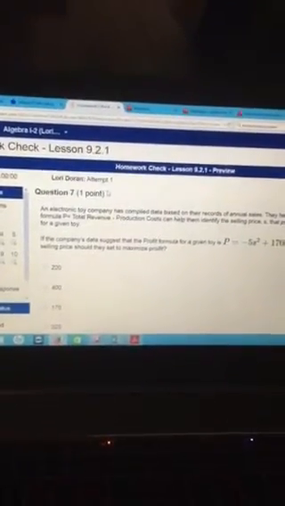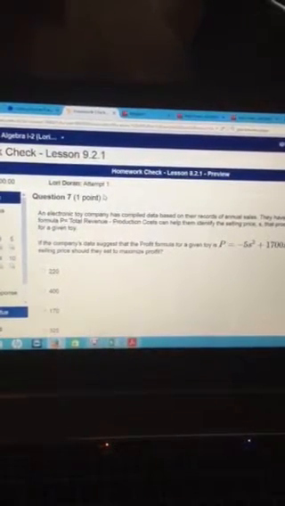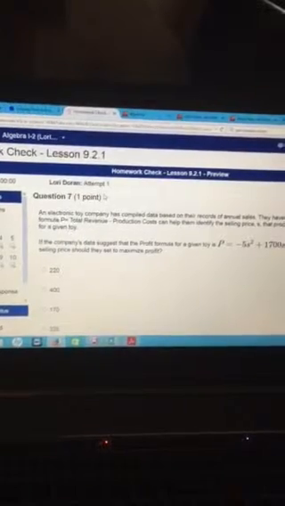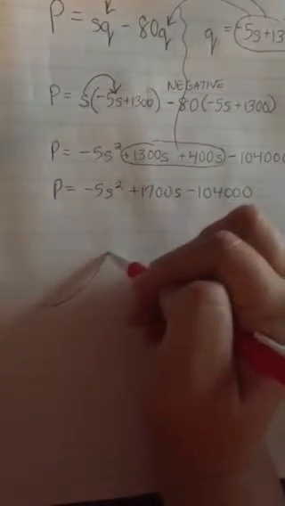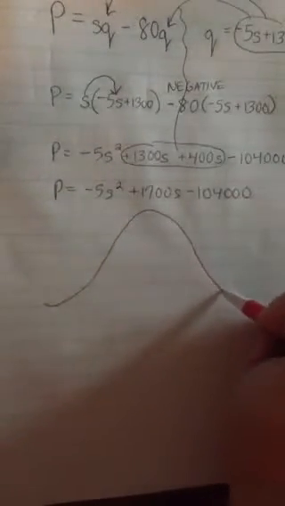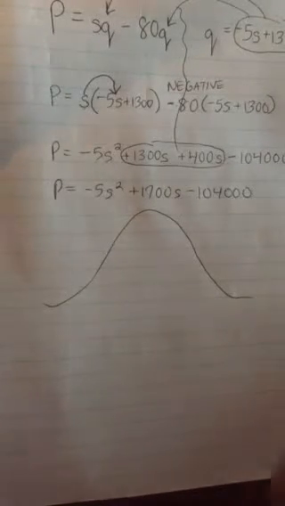Okay, so now for question number 7. Now what we need to do is figure out the maximum profit. And I'm really bothered by the fact that there is a misspelled word there, so please note that I do see that. But we're looking for maximum profit. Now, if you think about the notes that they talked about in the 9.2 section, they talk about that graphing the profit would form a parabola.